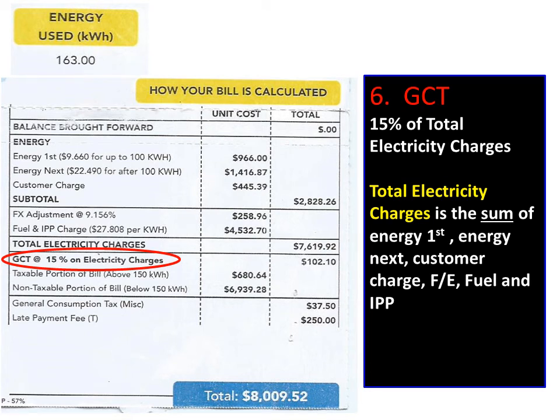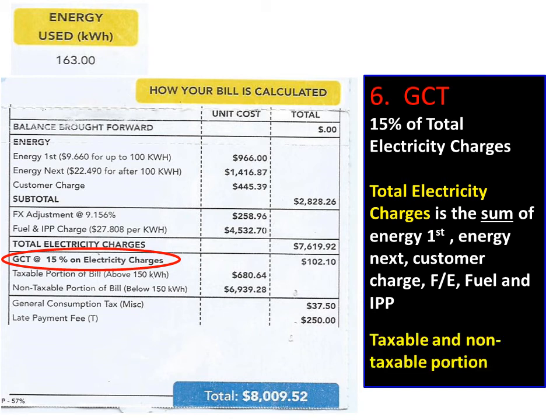All right, so it is our energy first, energy next, customer charge, F/E, fuel and IPP. Yes, all those things that we calculated before, we're going to add them up. And the final thing that we're going to do is calculate GCT. GCT is 15% on electricity charges.